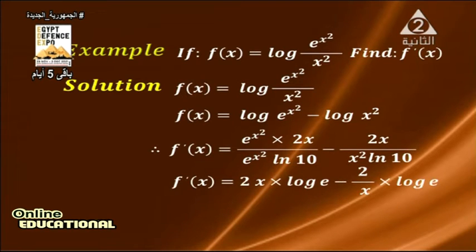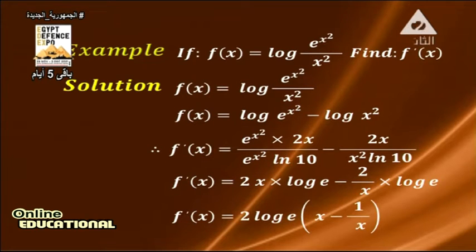Then f dash x equals 2x multiply log e minus 2 over x multiply log e. Then f dash x equals 2 log e multiply (x minus 1 over x).